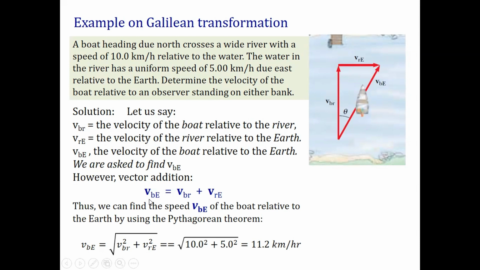So we can write the velocity of the boat relative to Earth equal to V BR plus V RE, as shown in the vector addition of these two important vectors. So we can find the speed V BE, the boat's velocity relative to Earth, by using the Pythagoras theorem, which is V BR square plus V RE square, and the answer is 11.2 kilometers per hour.